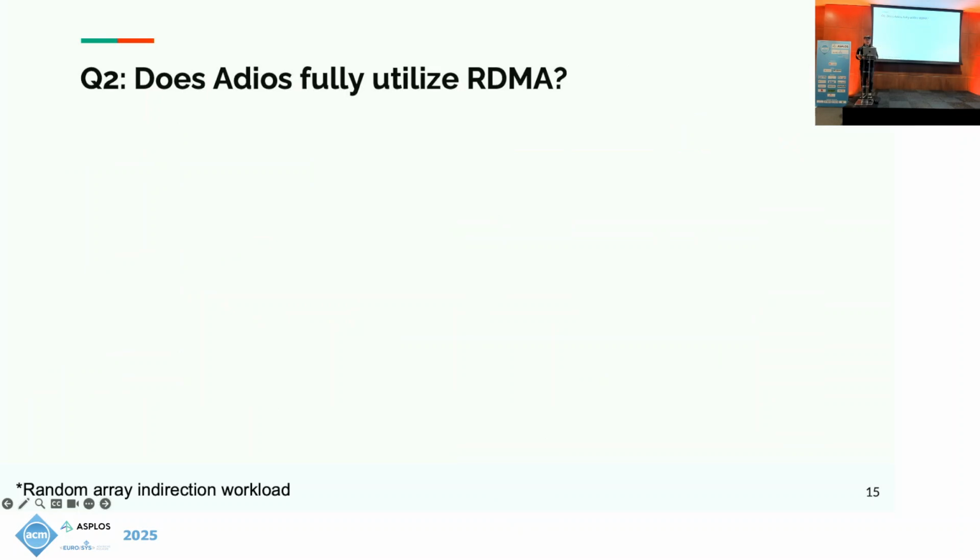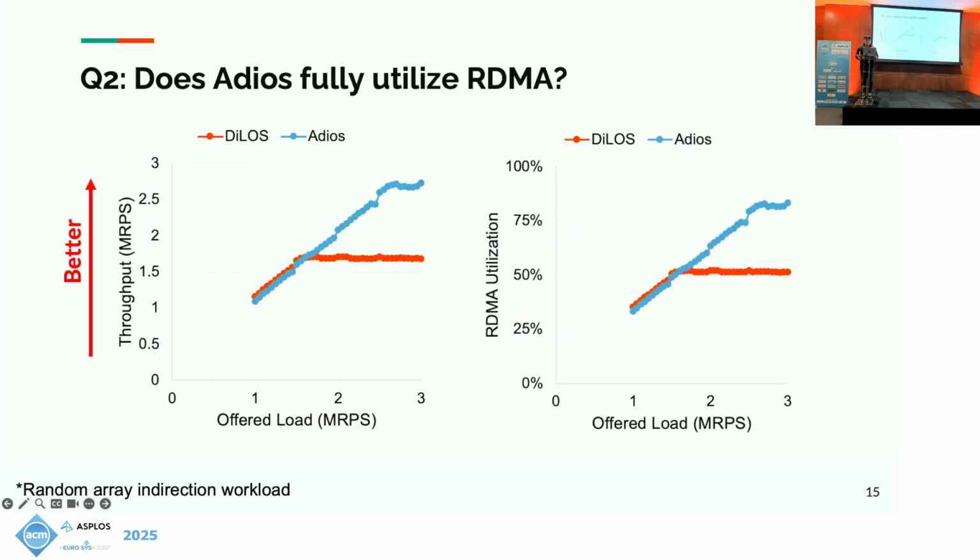Now, let's take a look at RDMA utilization. On the left, we plot the throughput of both DiLOS and Adios. Compared to DiLOS, whose throughput levels off at around 1.6 MHz, Adios throughput continues to grow linearly and reaches about 2.7 MHz. On the right, we plot the RDMA network utilization.